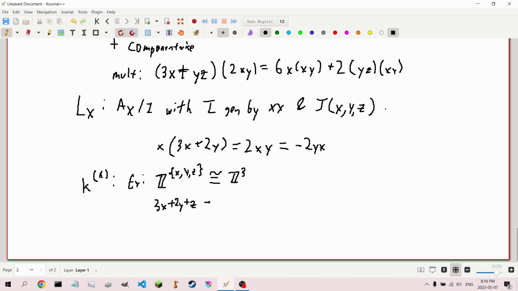Or you could write it as like 3 indexed by x, 2 indexed by y, and 0 indexed by z. And it is a module. So your only functions are addition, which is component-wise as usual, and scalar multiplication, which is also just going to be component-wise. So that's not too exciting.